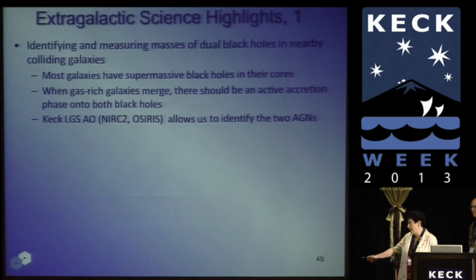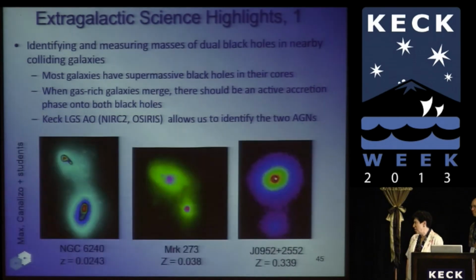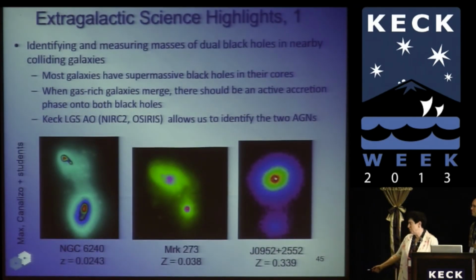And when these gas-rich galaxies merge, there should be a phase where there's active accretion of gas onto both of the black holes that have been pulled into this mess that became the galaxy merger. And so Keck Laser Guide Star Adaptive Optics with both NIRC-2 and OSIRIS has allowed us to identify the 2 AGNs in these galaxy collisions. This is just 3 examples.